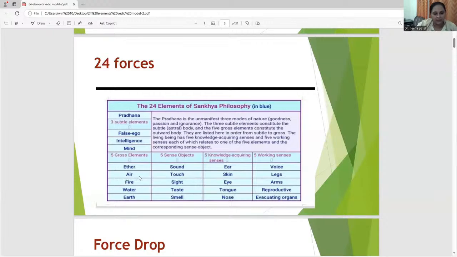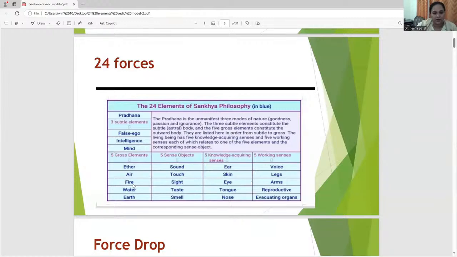For the air element, the sense object is touch, the knowledge organ is the skin, and the working sense is the legs. So every element has a sense object, a knowledge organ, and a working sense.